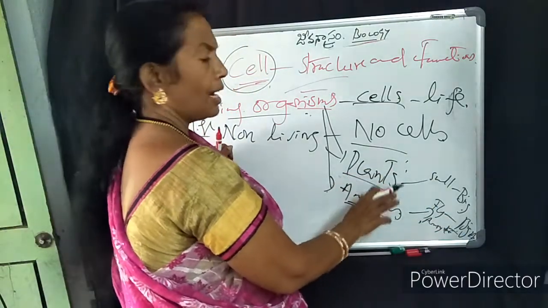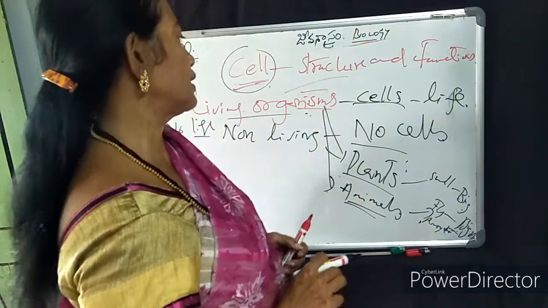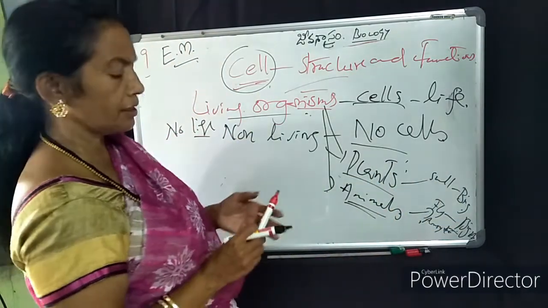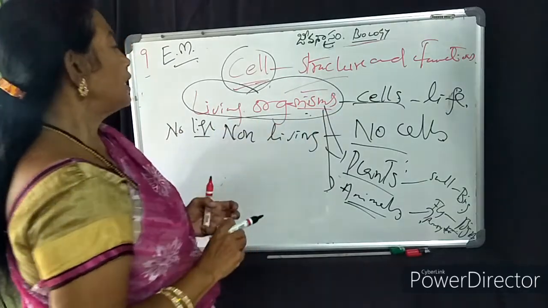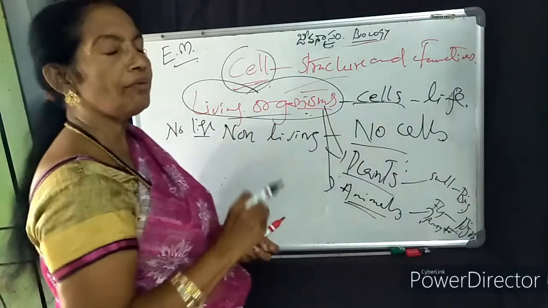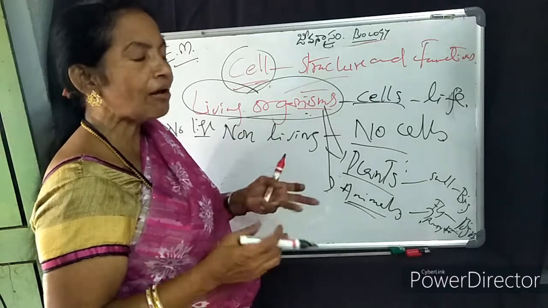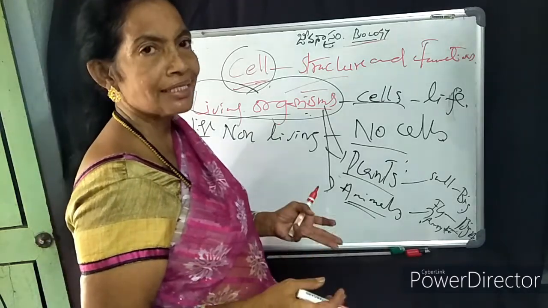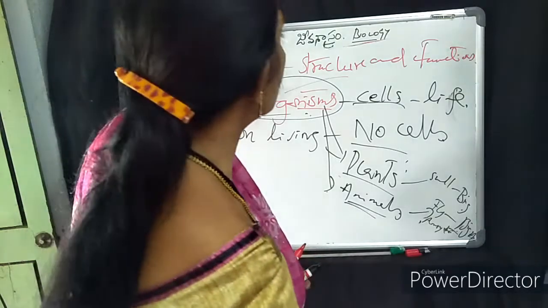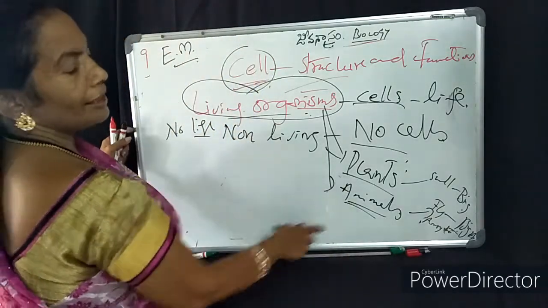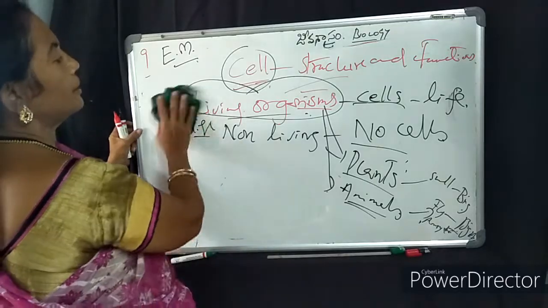From small plants to big plants, these are living organisms. What do you mean by living organisms? Those which have life, like plants and animals. So what is the difference between plants and animals?